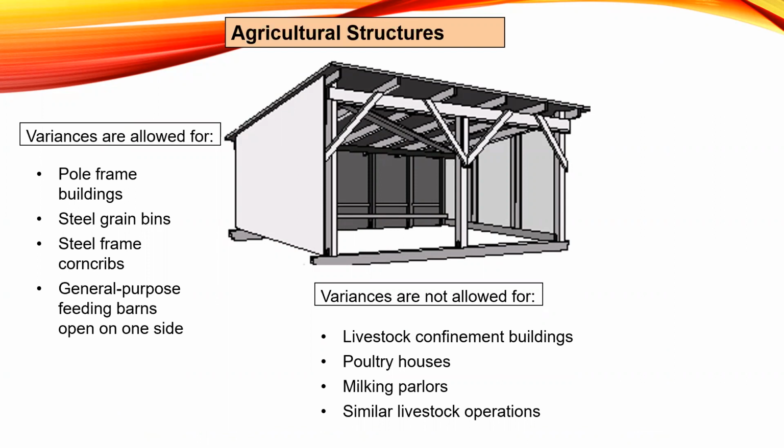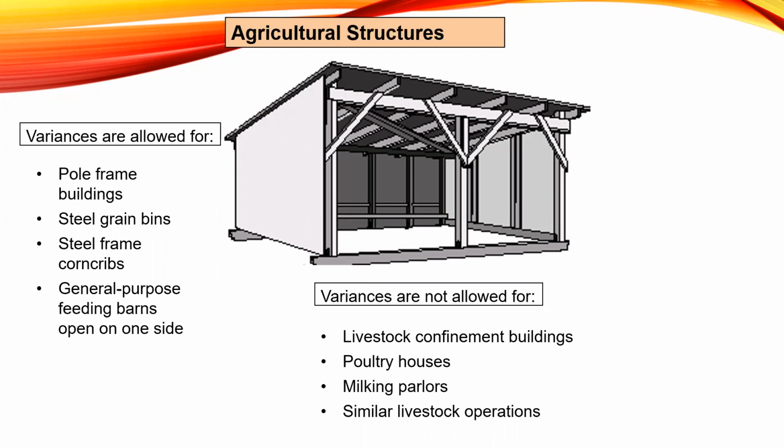That's pretty straightforward, whereas agricultural structures are quite varied as far as their uses. I'll show you some of the new guidance that FEMA has put out, but basically all agricultural structures now need variances to be authorized for wet flood proofing.